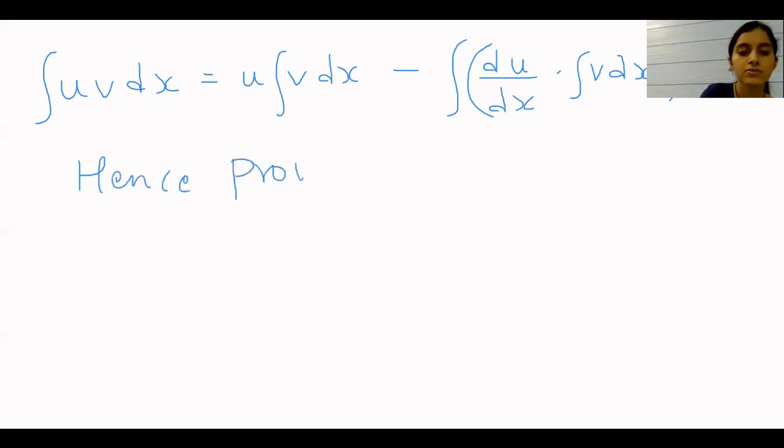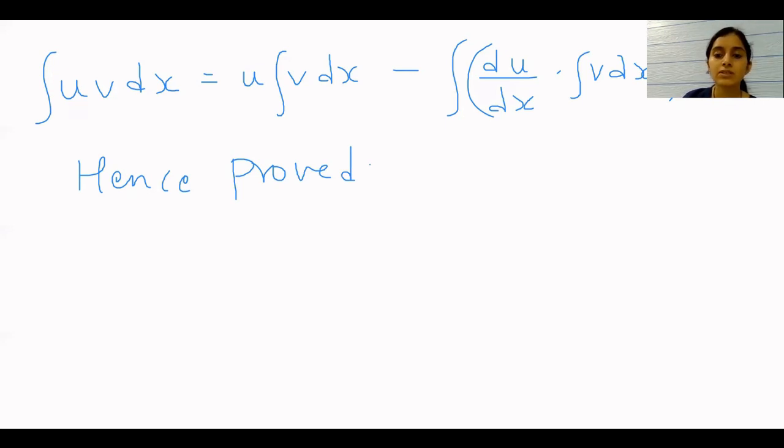What does it say? If we have any two functions, algebraic, logarithmic, exponential, trigonometric, any of these, then how do we integrate them together? If we have integral uv dx, then we write it as u integral v dx, first step, minus integration of du by dx into integral v dx dx.